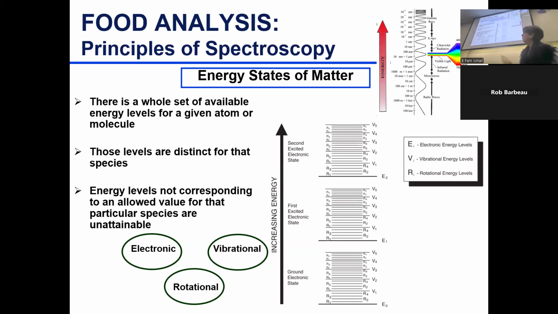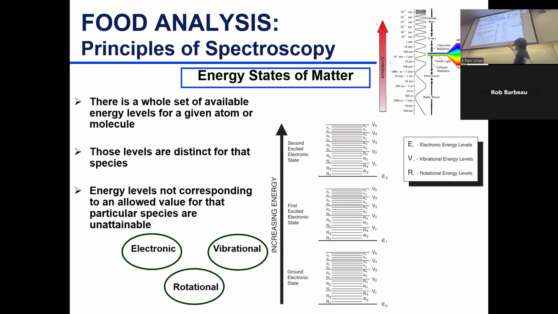Okay, so we have three types of energy levels: electronic, and that has to do with the electrons that move into higher energy levels. So that's why it's called electronic. Vibrational for the bonds within a molecule, and rotational for rotation of the atom around the center of the molecule.